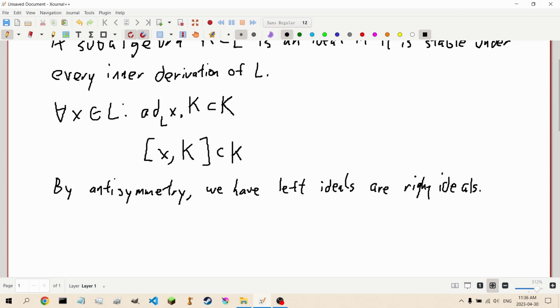And sometimes we specify that it's closed under inner derivations.